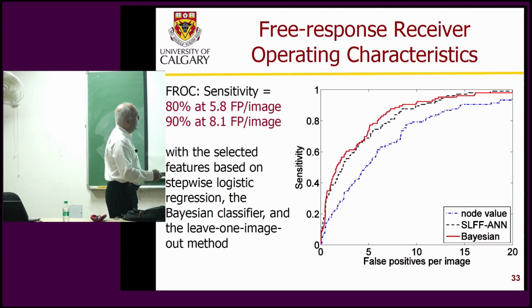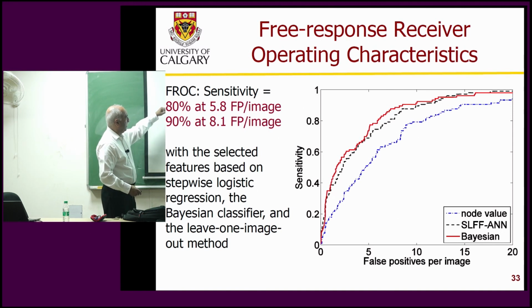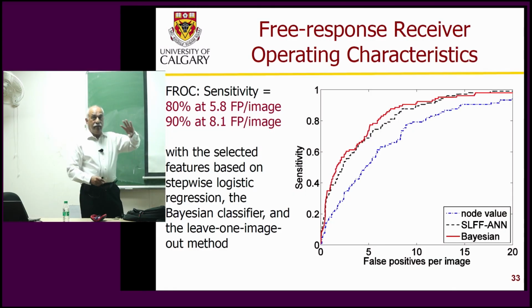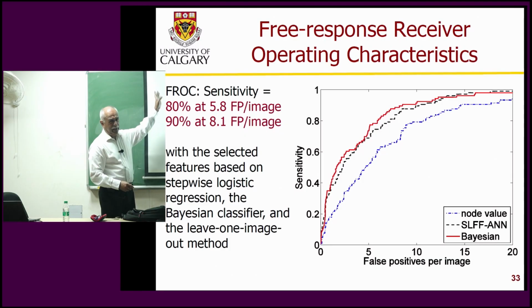So if you use only the node value, we got 80% at 10 or 11 false positives, the blue one. By using selected features based on stepwise logistic regression, the Bayesian classifier, and leave one image out, there are up to 30 ROIs per image, and so many images that I mentioned earlier.